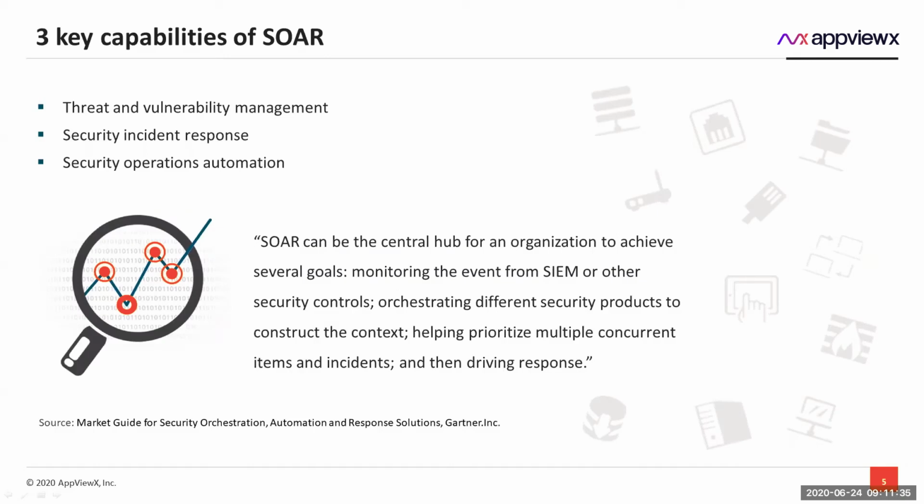Which is most insightful as to this is where the vulnerability exists, and this is what you would want to do in order to remediate it at this particular IT infrastructure gateway. And then that leads to the prioritization of the multiple concurrent event items, and then effectively driving a response, making a remediation change or some command structure that you'll want to apply in order to eliminate the threat.